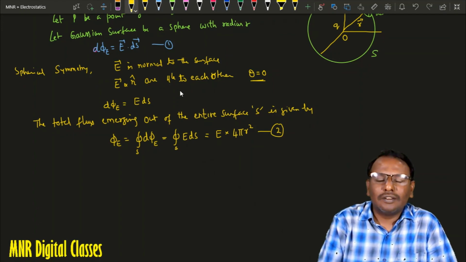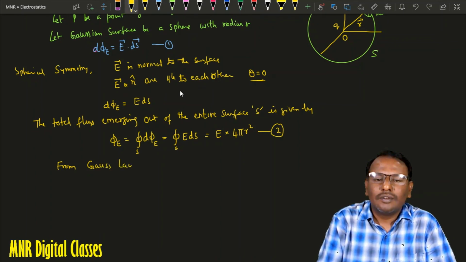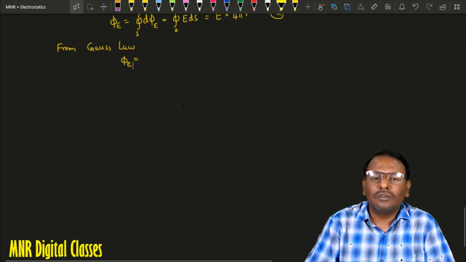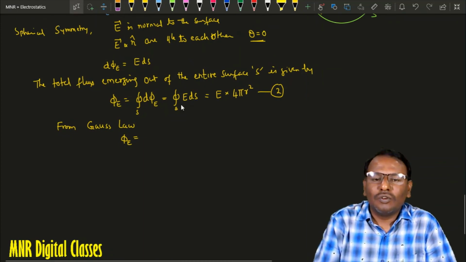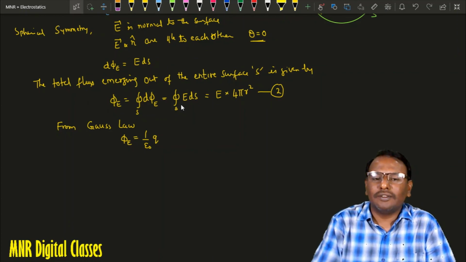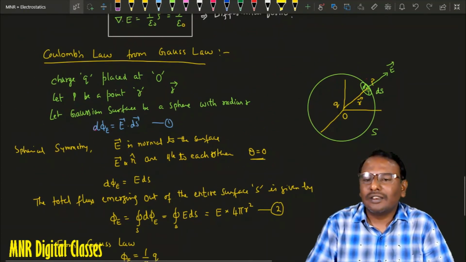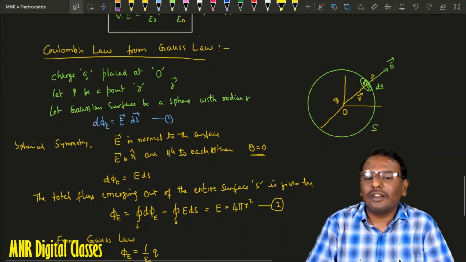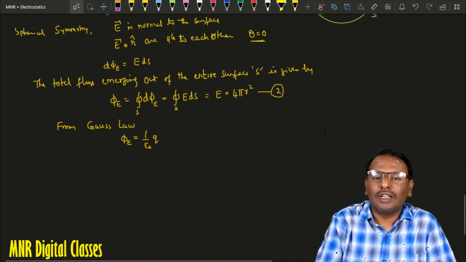Now let us apply Gauss theorem. From Gauss law, we have the total normal electric flux through any surface is equal to 1 over epsilon naught times the total charge enclosed by that surface. Now, in this case, the charge enclosed by the Gaussian surface is equal to the charge Q placed at O. So, call this as equation 3.